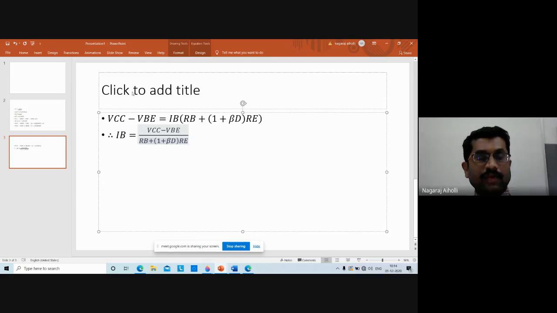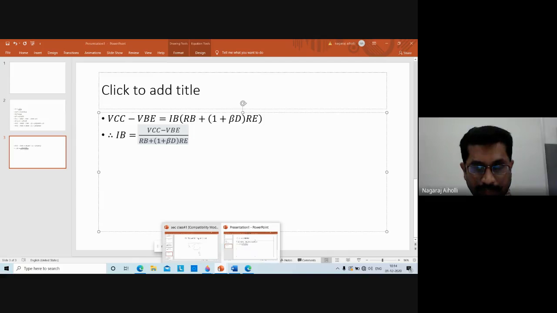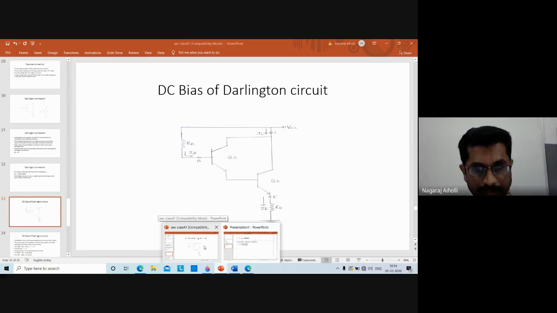Okay, now we got the equation for IB. So this is the equation for the base current. This is how we have to find the equation for the base current for all the amplifier circuits.